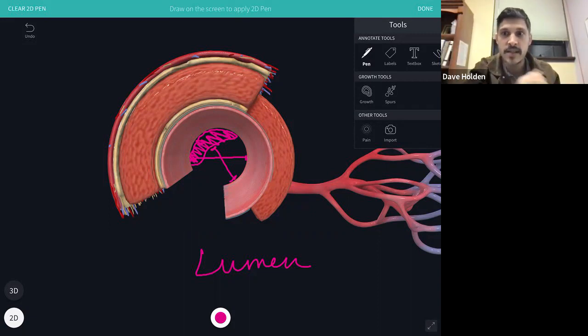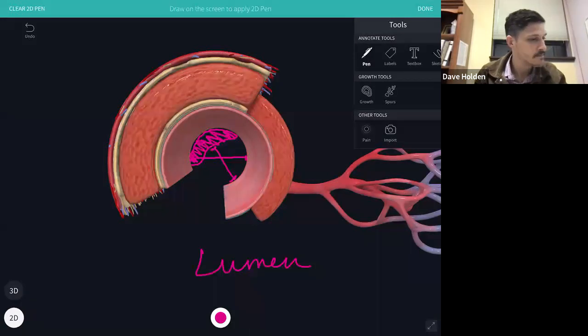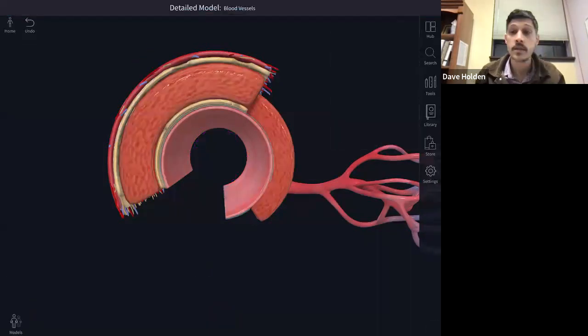Because the atherosclerosis is narrowing the lumen. And this isn't a magic or an anatomy thing. This is a physics thing. When you decrease the opening, the pressure goes up. That's how it works. Good stuff. So, super important thing to understand.